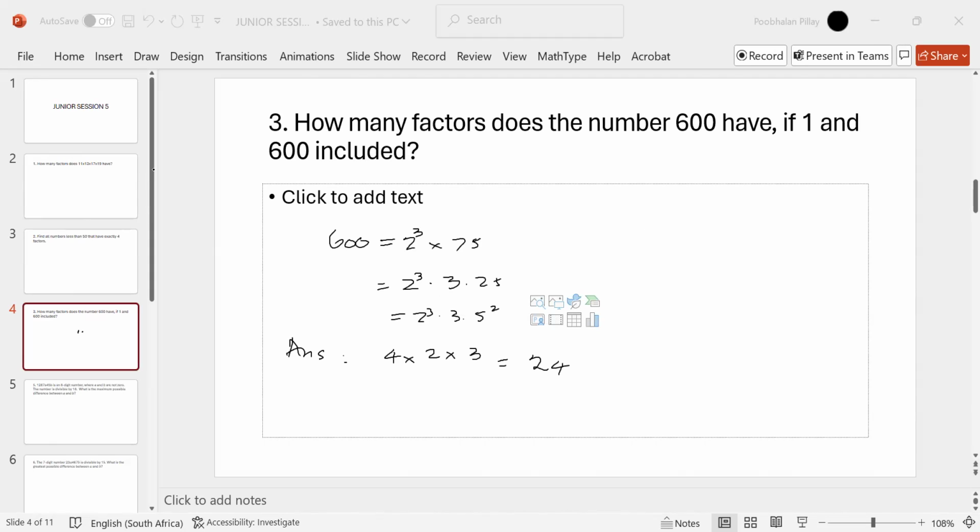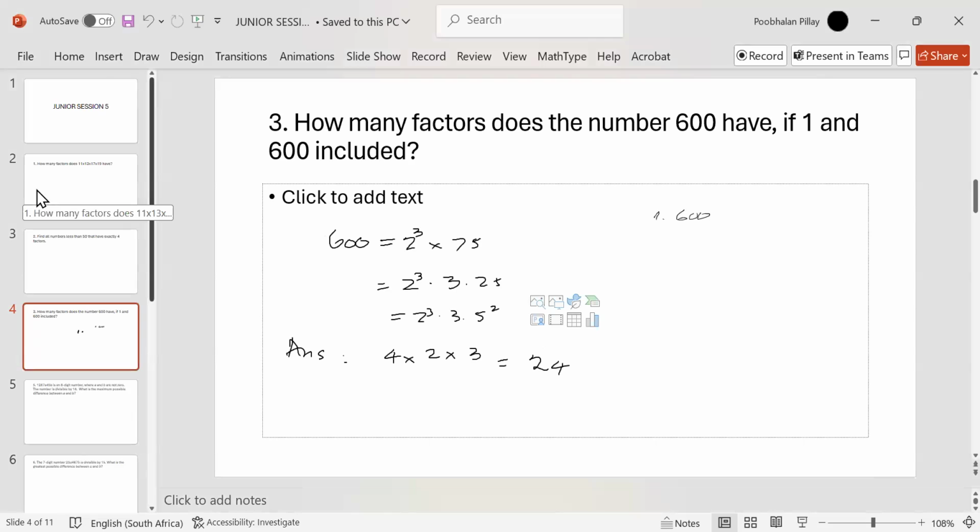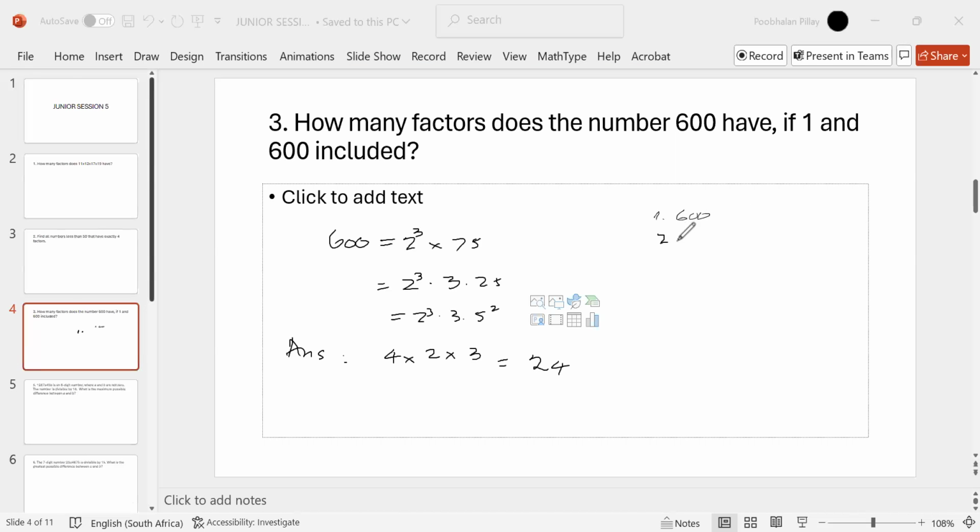To write down the factors, normally I'll start with, as I did earlier on, 1 times 600. And then I'll put 2 times 300, and so on. I keep going down. And the last one you'll come to is 24 times 25. That's also 600.